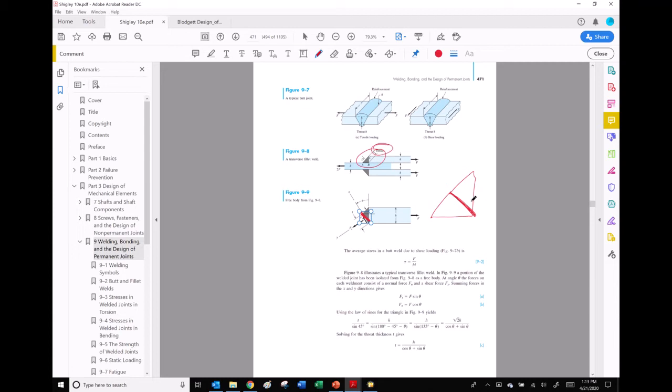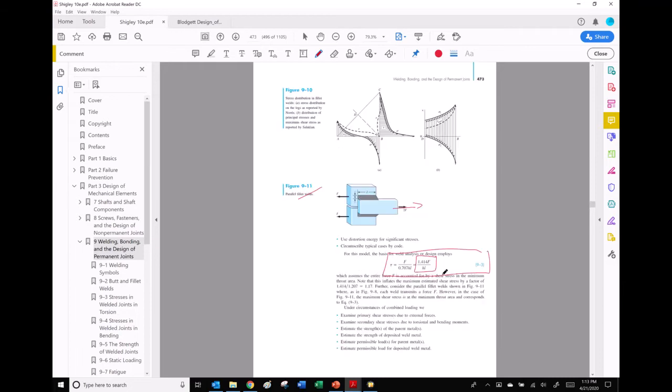Right here you see the word throat, not the leg height, where this is H, that height. Here's the throat area that we're using. So that's where we get this 1.414. It's actually the cosine or the sine of 45 degrees. So that's why that's there.